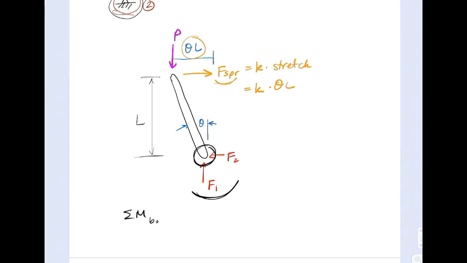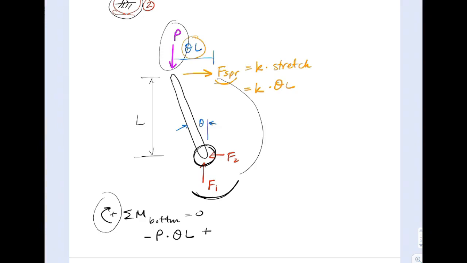Spin a moment at the bottom, and that's got to equal 0. So the equation that we end up with is minus P times theta L, the applied external load. The force in the spring would be acting in the positive direction, and it has a lever arm of L. Adding those together has to equal 0.